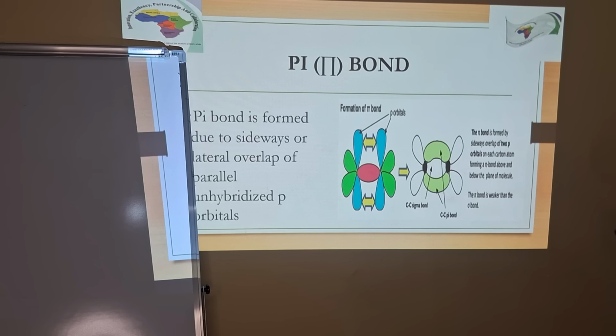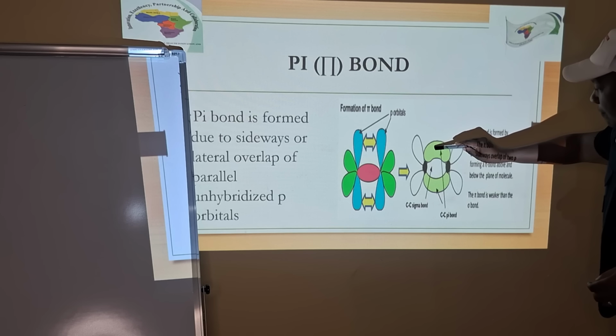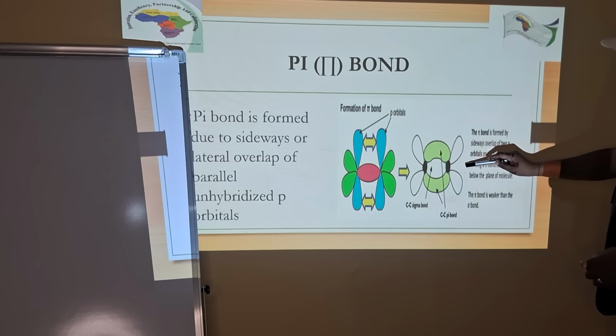So the overlap of two p orbitals on each carbon atom forms a pi bond above and below the plane of the molecule. So we have a pi bond above and below this molecule.